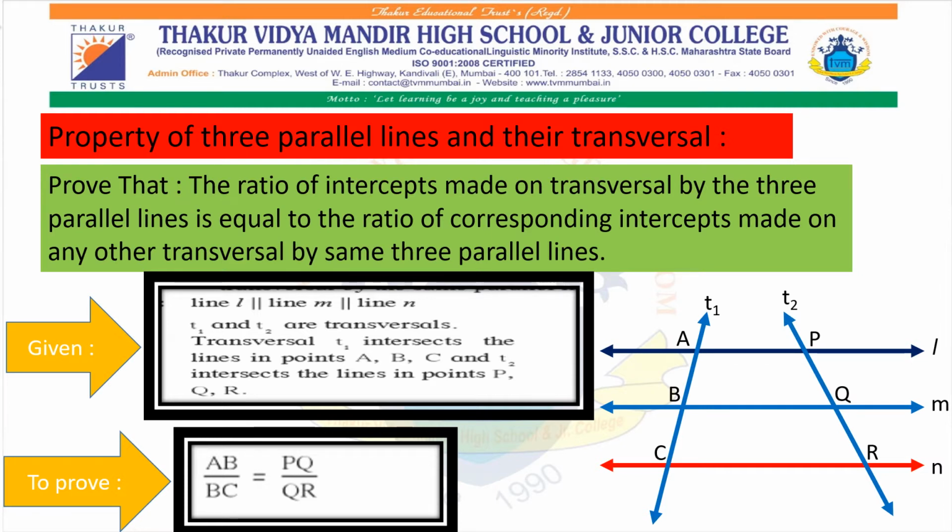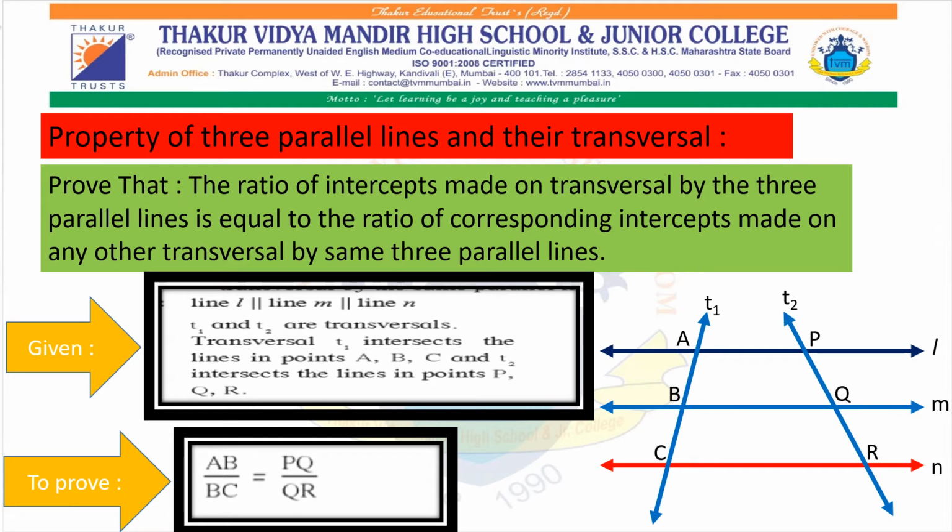T1 and T2 are the two transversals which intersect these lines at points A, B, C and P, Q, R respectively. We need to prove the ratio of their intercepts, that is AB upon BC, made on transversal T1 is equal to PQ upon QR, the ratio of intercepts made on transversal T2. We have already proved this.